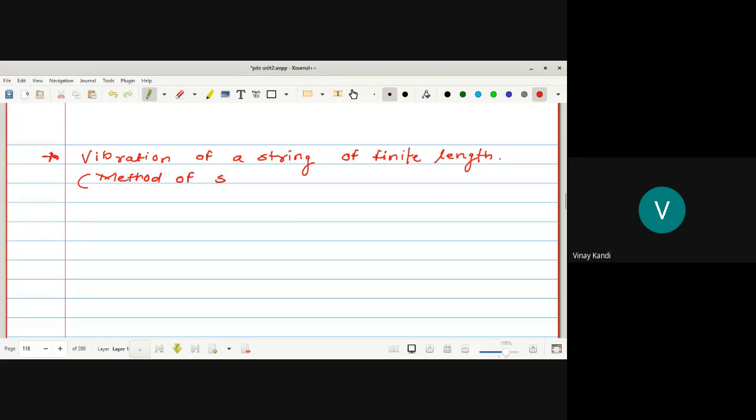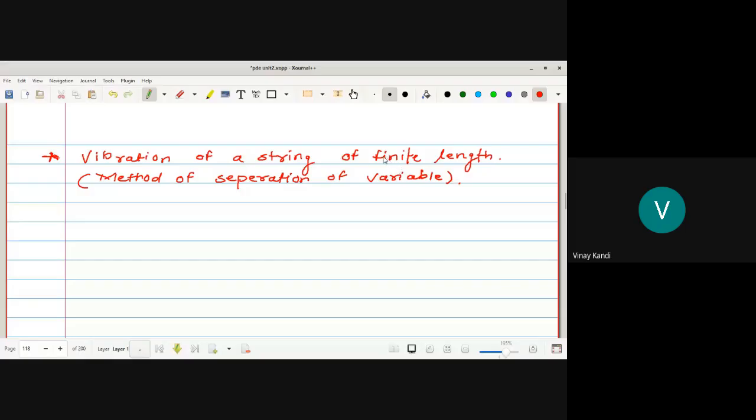Here y is the dependent variable and x and t are independent variables. Okay, so in this method we have to separate the independent variables x and t.